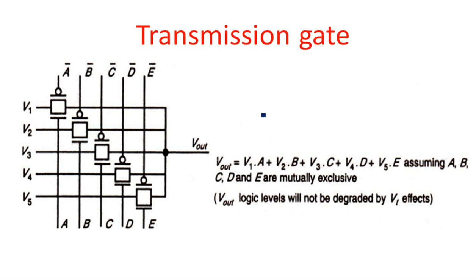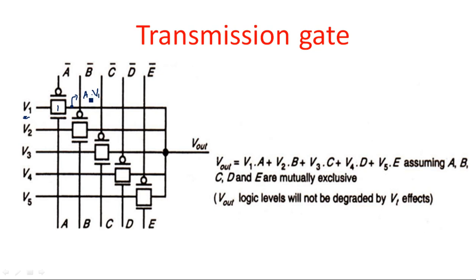Next, if you see the logic realizations with transmission gates, the simple realization is transmission gate 1. This transmission gate has input A on the NMOS transistor and A bar on the PMOS, and the input is V1. So what is the output at this point? We can say it is A into V1.